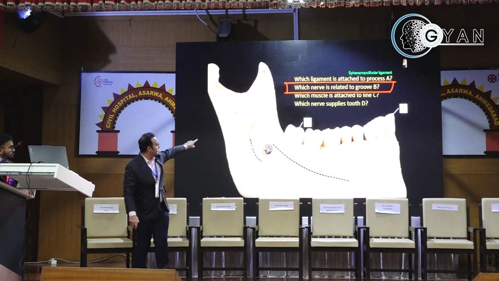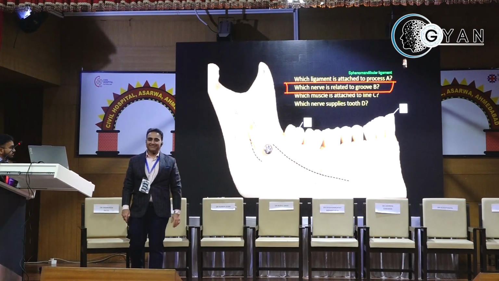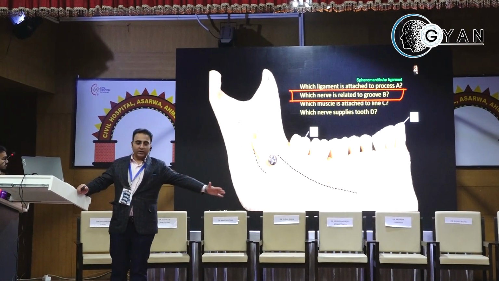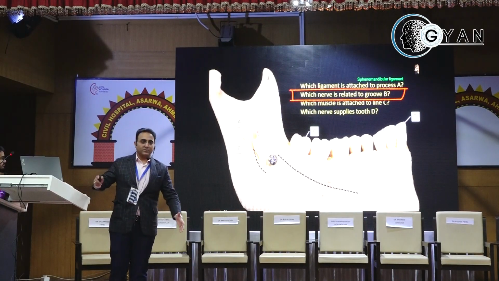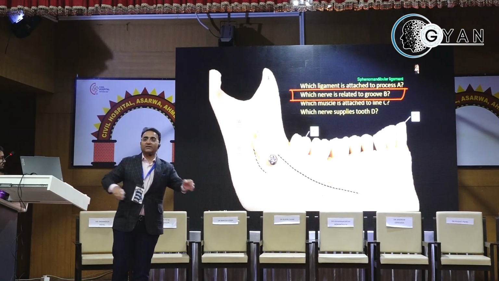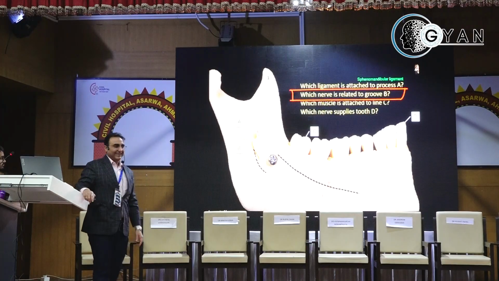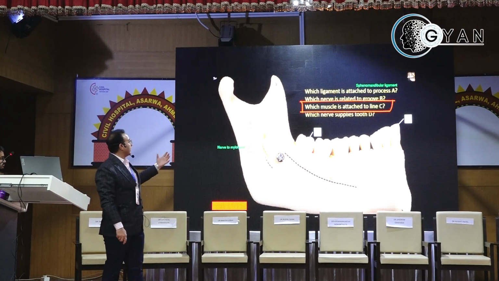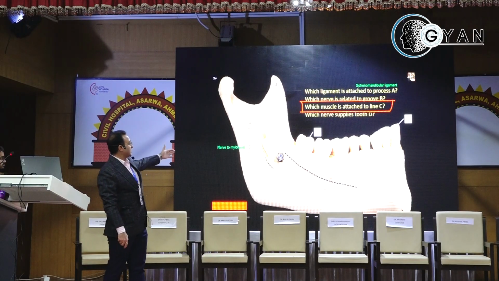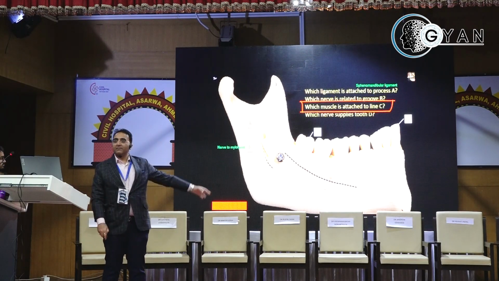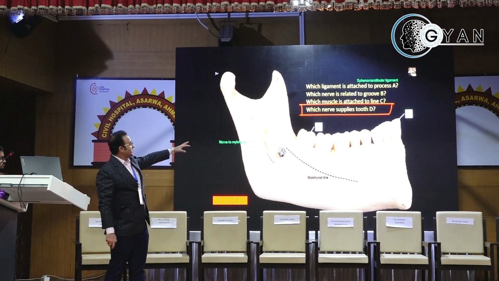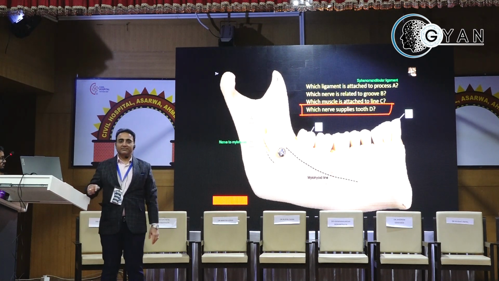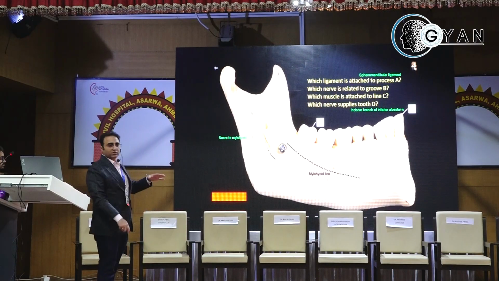This is the groove B. If you don't want chocolates, everybody can give the answer. No problem. We will spread the chocolates here. Whosoever prompts, come and pick the chocolate and go back. Anyway, so yes, it is the nerve to the mylohyoid. Rapid fire. Which muscle is attached to line C? Mylohyoid. And which nerve supplies the D? Incisive. So it was too basic.